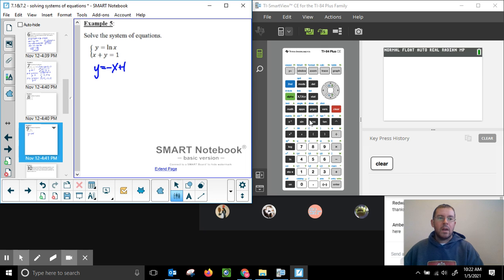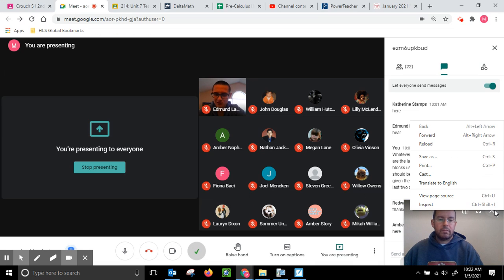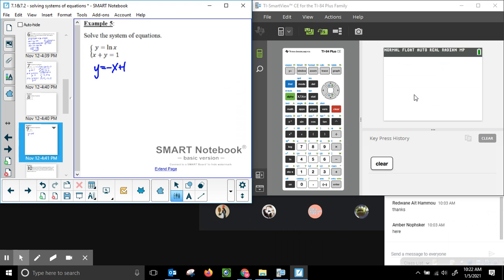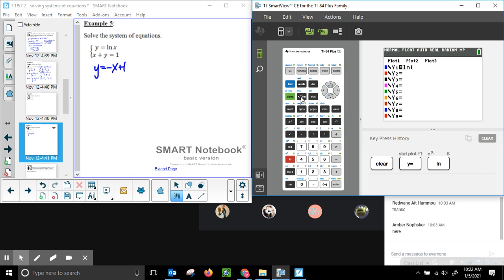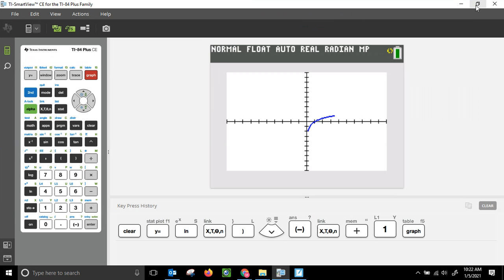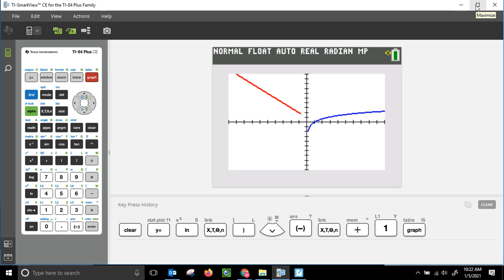All right, and we can go ahead and say y1 is going to equal ln of x, and y2 will equal negative x plus 1. All right, so when we graph this thing, it's going to look like this.